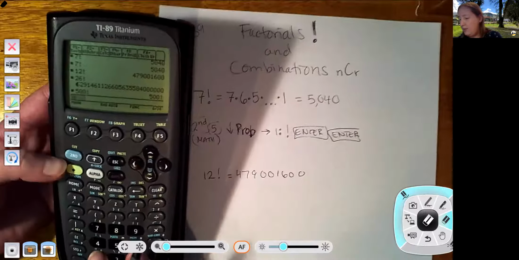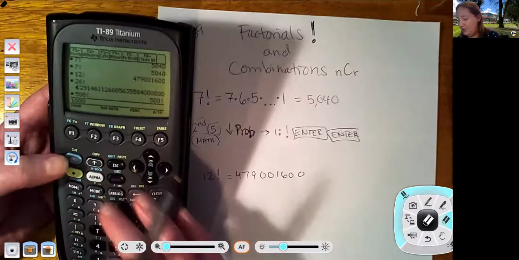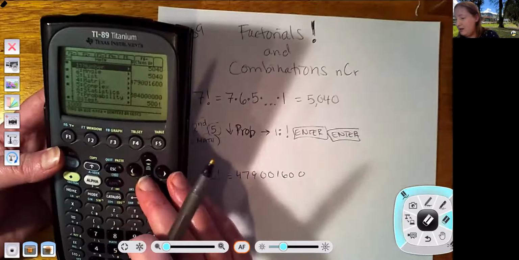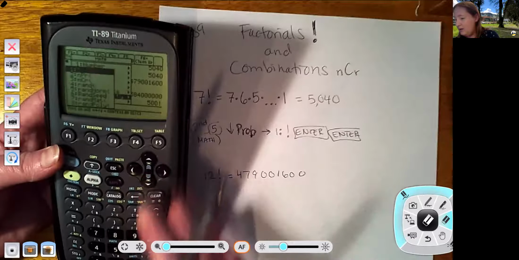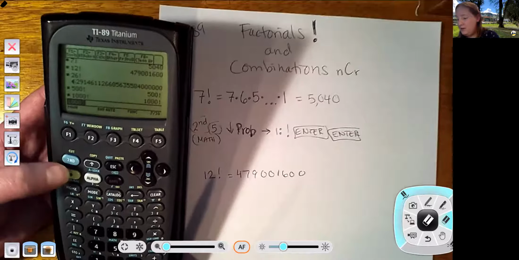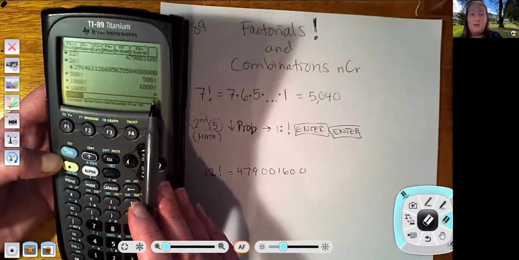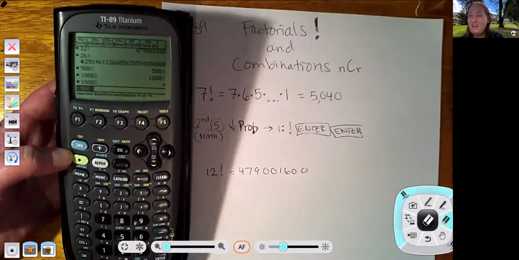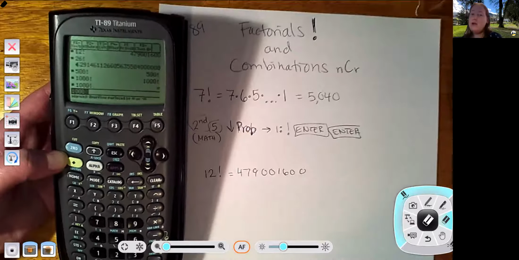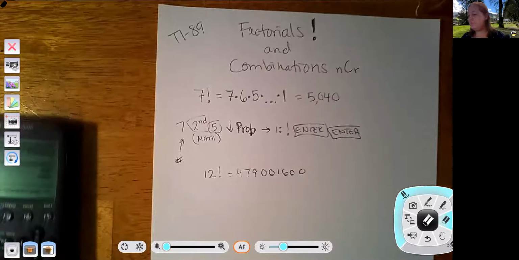If I tried 1000 factorial, you could imagine even bigger. So I could hit the diamond enter, and it'll actually say infinity because it is so large it can't even handle it, so it'll actually go to infinity. The value isn't actually infinity, it's just that your calculator cannot handle it.